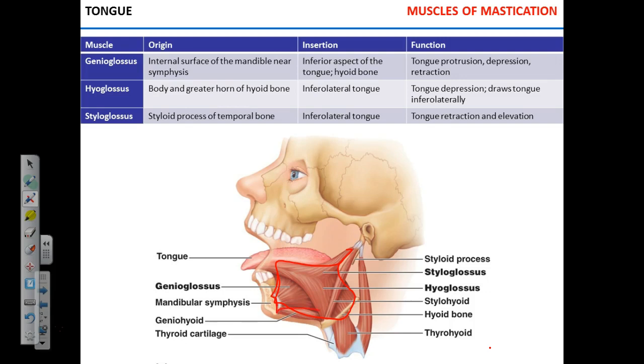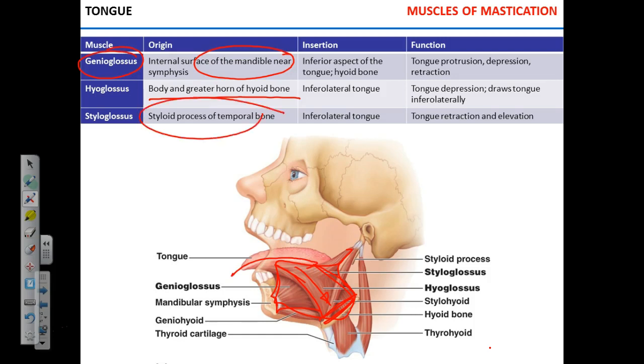Genioglossus is the tongue muscle whose origin is at the mandible. Hyoglossus has its origin at the hyoid bone. You can see, very large muscle. Obviously, if you contract it, it will depress the tongue. If you contract genioglossus, it's going to be protrusion and depression.